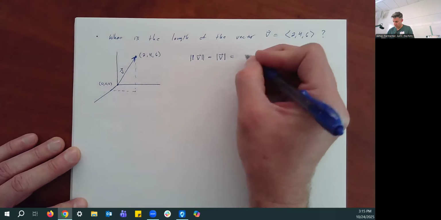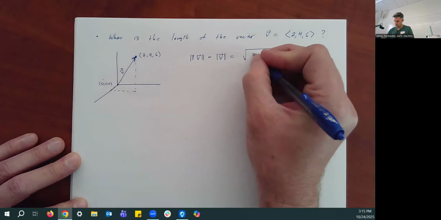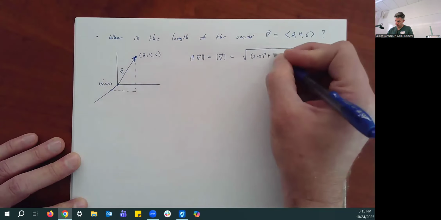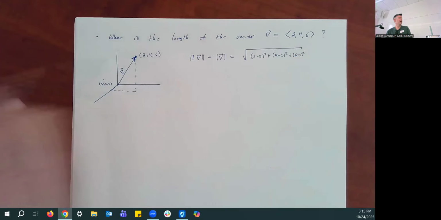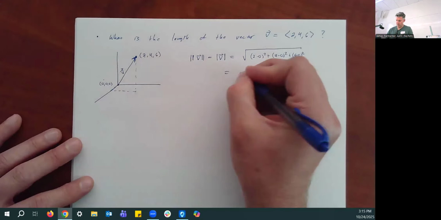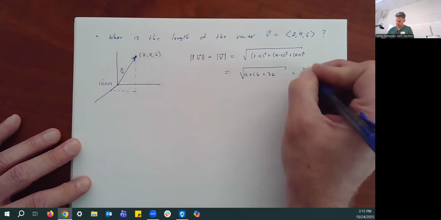Whether they're using double absolute values or single absolute values, you have to find the length of that vector, which is going to be the square root of 2 minus 0 squared plus 4 minus 0 squared plus 6 minus 0 squared. Which in this case is going to be the square root of what? 4 plus 16 plus 36, which is the square root of 56.